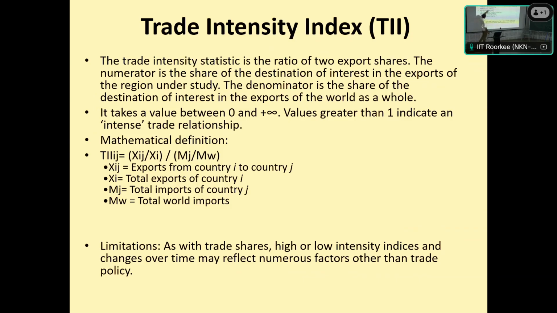Then in the denominator, this might also be 0, but the world import cannot be 0. The jth country might have 0 entry as import.